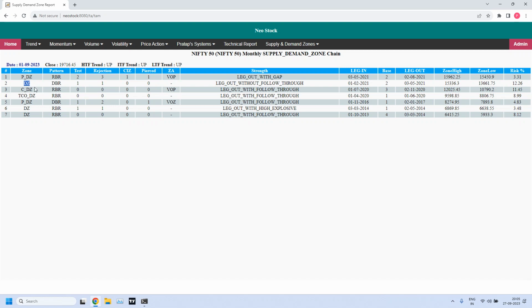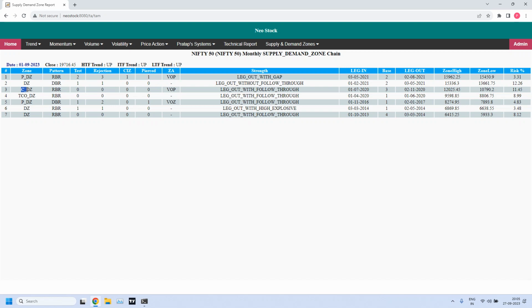So you might think, okay, let me wait until price comes to this particular demand zone, because it is a high liquidity demand zone, and moreover, it is a fresh zone, and also it is the highest priority high liquidity zone.